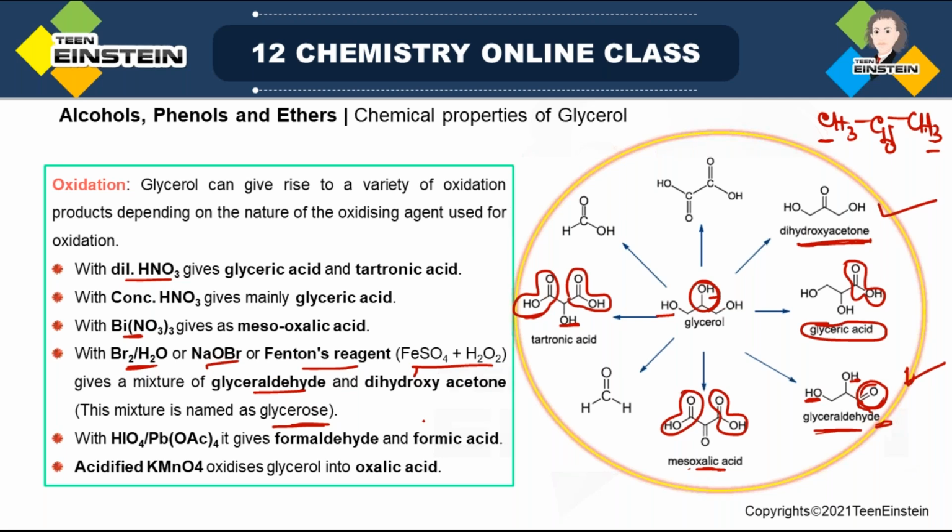If the oxidizing agent is HIO4 or lead tetraacetate, Pb(OAc)4, you will get a mixture of formaldehyde and formic acid. Now this is a simple structure. Formic acid is this one, HCO2H, and formaldehyde is this one. Okay. If it is acidified KMnO4, now glycerol will be converted to oxalic acid. So this one is oxalic acid.